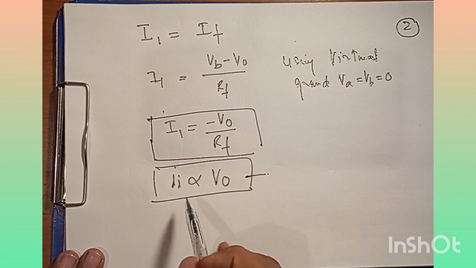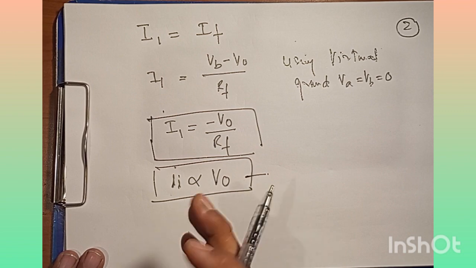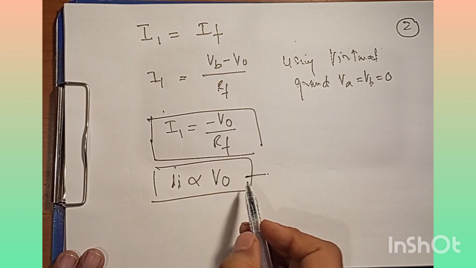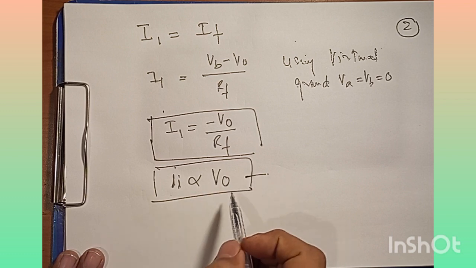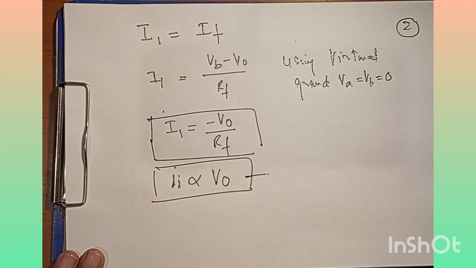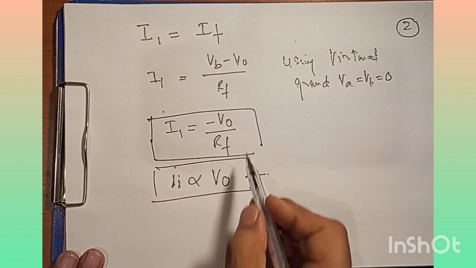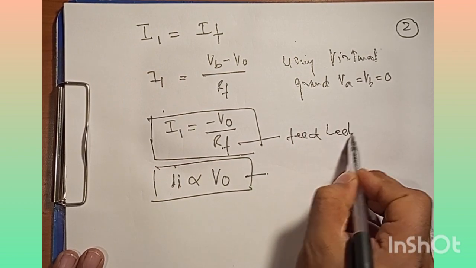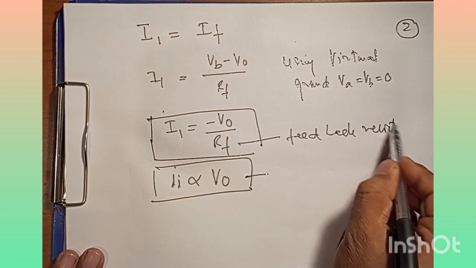So this equation represents that the output voltage is proportional to the input current, and certainly there is a role of the feedback resistance, right?